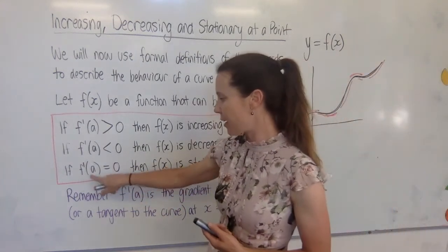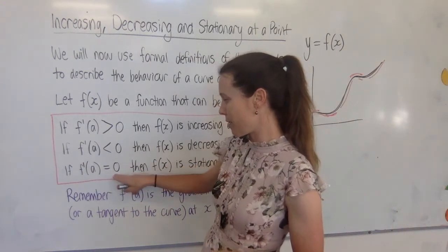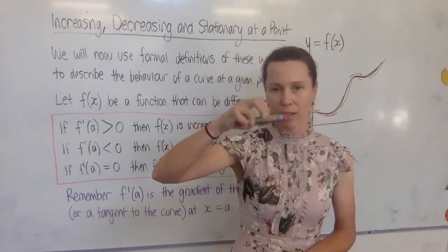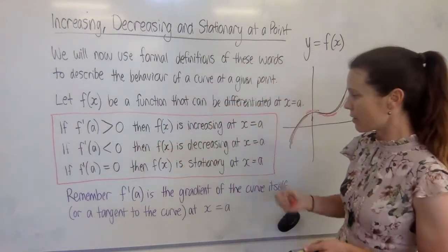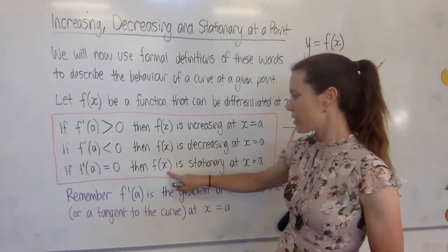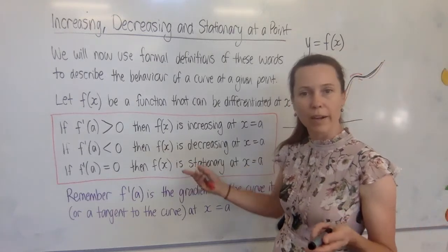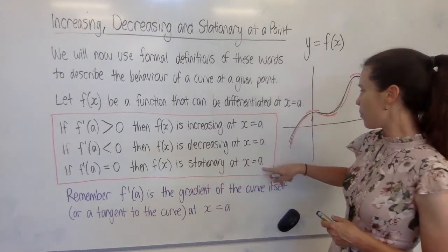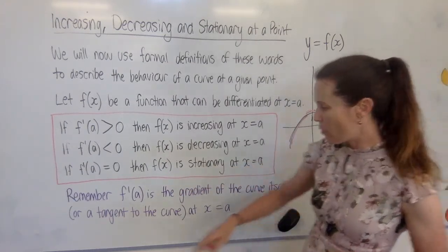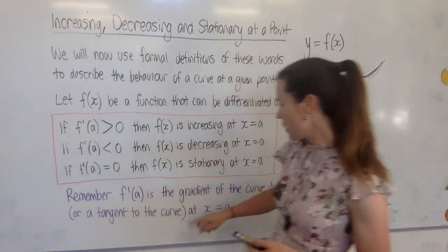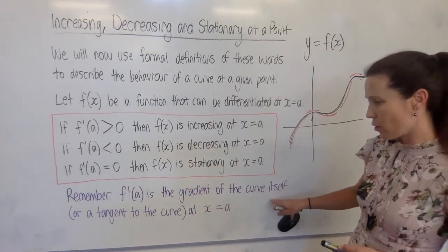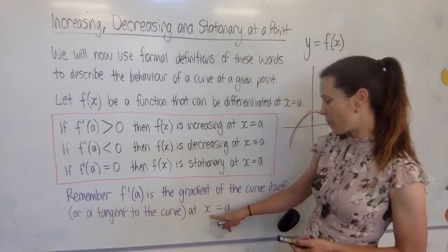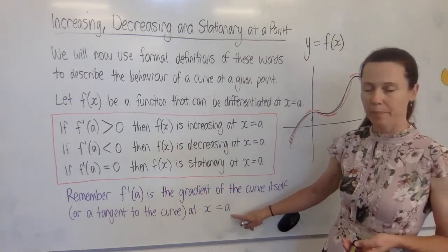And if the gradient at this point x equals a is 0, well, we know a 0 gradient is a horizontal part, isn't it? So we say that the curve is stationary, or y is stationary, or f of x is stationary at that point. Now remember, f dash a is just the gradient of the curve itself, or a tangent to the curve, at some point x equals a.